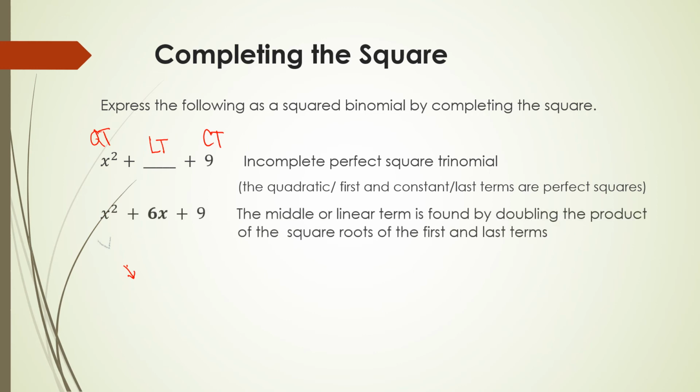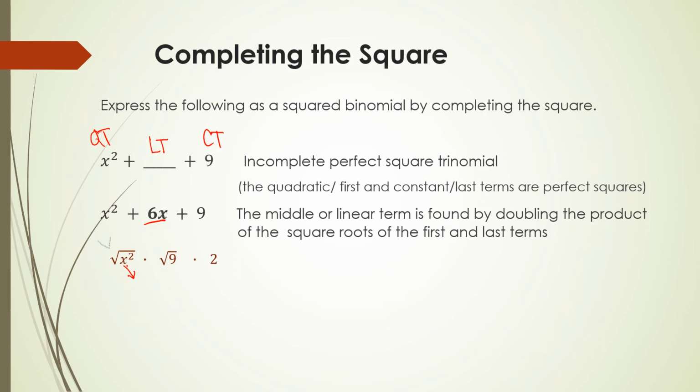Now, saan galing si 6x? So, how do you arrive at 6x? The middle term or the linear term is found by doubling the product of the square roots of the first and last term. So, kailangan kunin mo yung square root ni x squared.